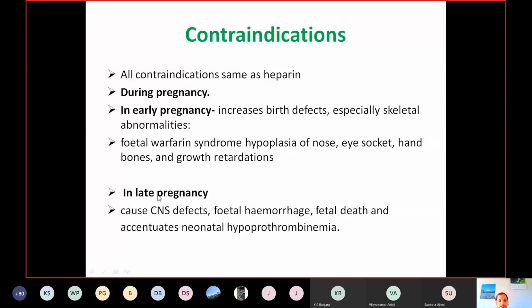While when you give it in late pregnancy, it causes CNS defects, fetal hemorrhage, fetal death, and associated neonatal hypoprothrombinemia. So you should not give these drugs in early pregnancy or in late pregnancy. You should not give them at any stage of pregnancy. So it is totally contraindicated.